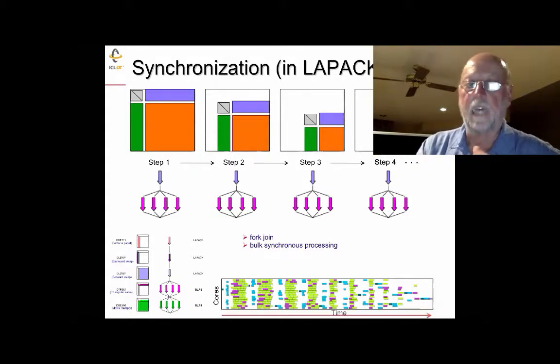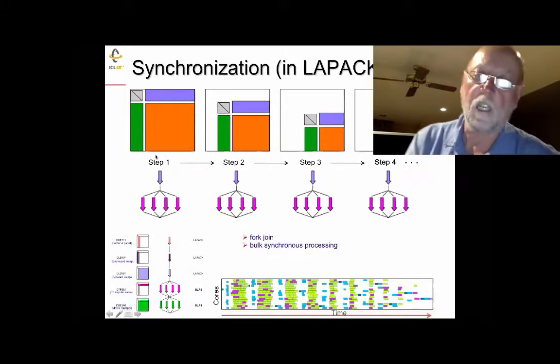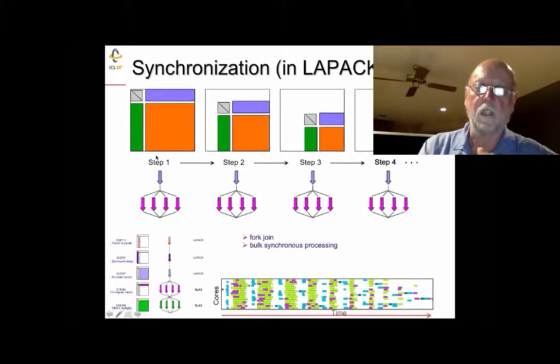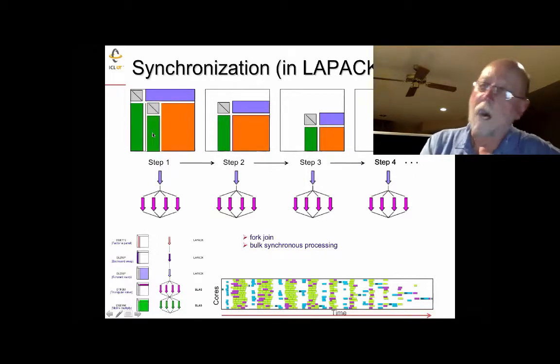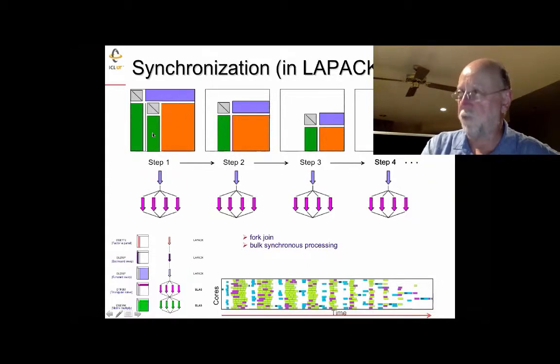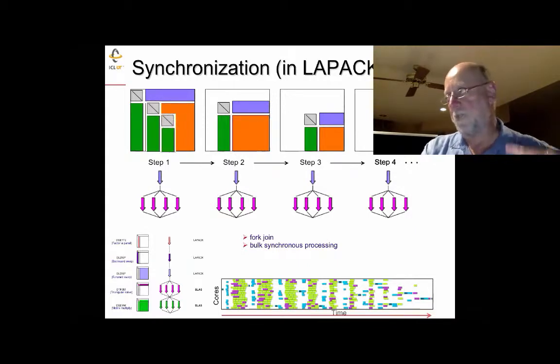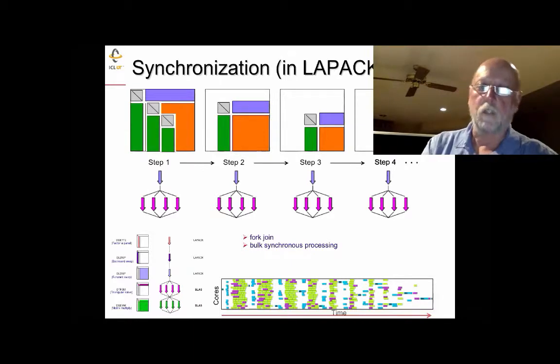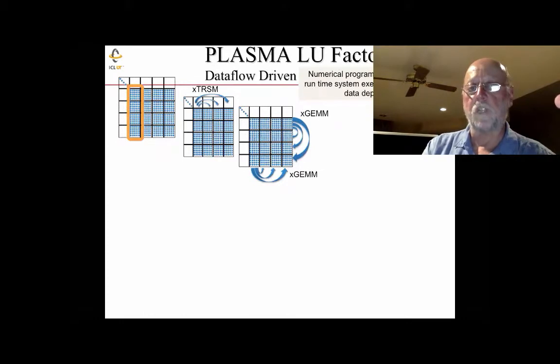One way of doing that is, instead of just doing the first step, try to get as much ahead of the computation as possible. Try to do some of the second step while you're doing the first step. So as soon as you've finished working on the data that would allow you to start the second step, do it, while you're still doing the first step. Get as far ahead as possible in terms of going to the next step and so forth. And that leads to an algorithm which is very much a data flow driven kind of algorithm.